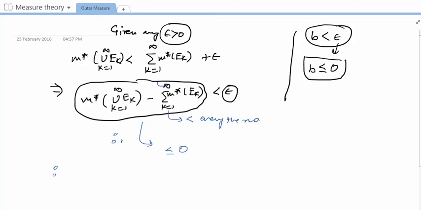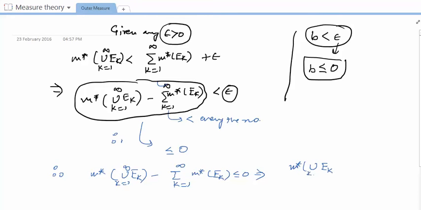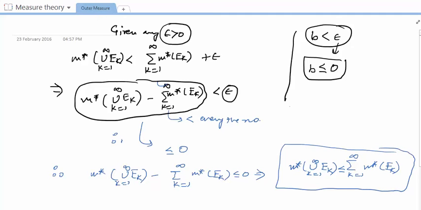Therefore we get m star of the union of ek's minus the summation of m star of ek is less than or equal to 0, which implies m star of the union of ek's, k from 1 to infinity, is less than or equal to the summation over k from 1 to infinity of m star of ek. Here we don't need the disjointness of the ek's, so this is called the countable subadditivity property of m star.